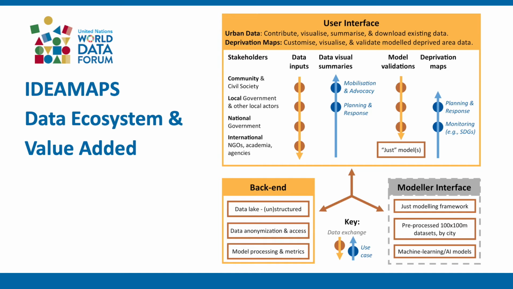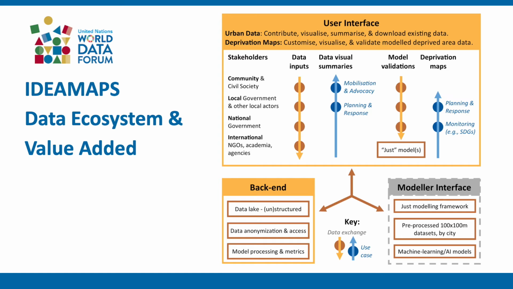It's also vitally important that any of the modeled outputs are actually validated against community data, and it's not just the modelers doing the validation, but actually community, local government, or even national government, depending on who is mandated to monitor and work on slum upgrading. That those local stakeholders are doing the validation.